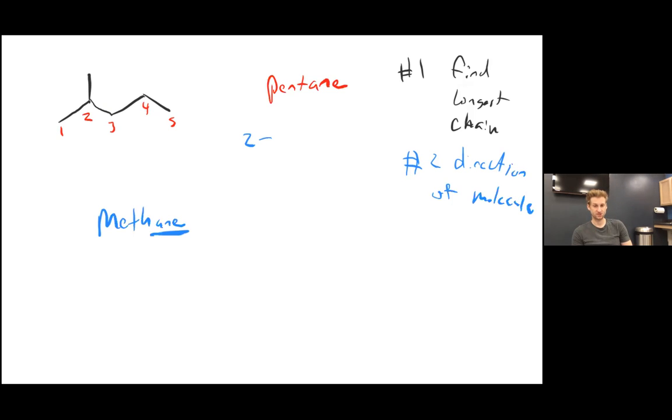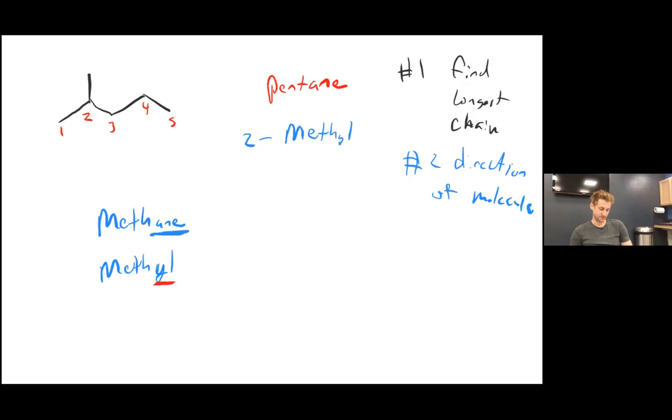If it's a substituent, instead of being the parent chain, we're going to change that suffix. And this is going to be called a methyl group. So YL is what you're going to put at the end. Because it's coming off position 2, this is going to be a 2 methyl here.